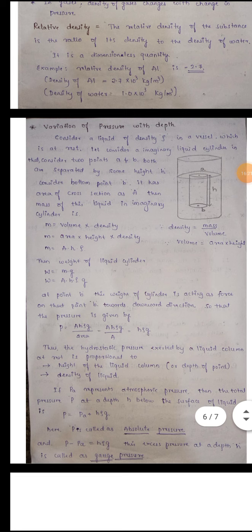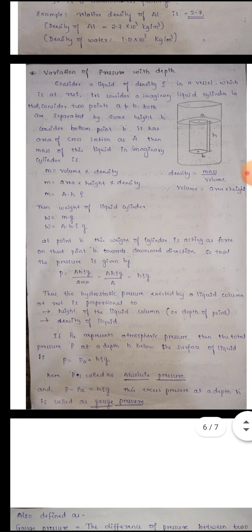Next, we will see the variation of pressure with depth. We know the pressure, and in the case of a liquid or a fluid, when we go deep into that liquid or fluid, how the pressure changes is what we are studying here.